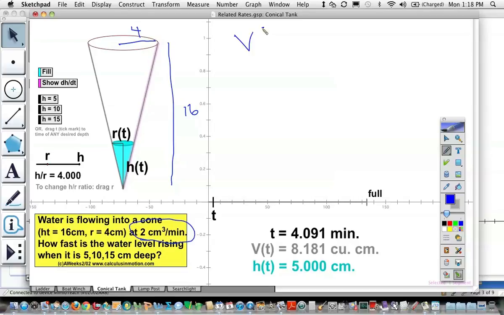That's volume. 2 cubic centimeters per minute is volume per minute. It's a rate, so it's V prime. You've got to identify, again, when you see miles per hour, meters per second, those are derivatives. Those are rates. So in our problems they are going to be derivatives. So V prime is 2. How fast is the water level rising? Okay, what are they asking us to find then?